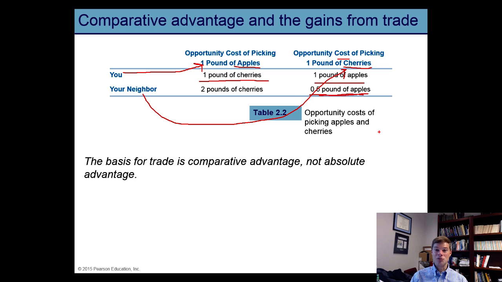In this example, you were relatively better at producing apples, and your neighbor was relatively better at picking cherries. So you spent all of your time picking apples, and your neighbor spent all of her time picking cherries, and the result was there was more consumption for both of you because you both were spending more of your time in those activities you were best at.